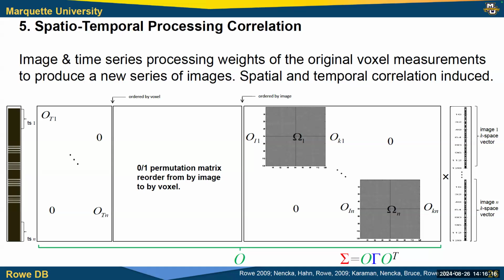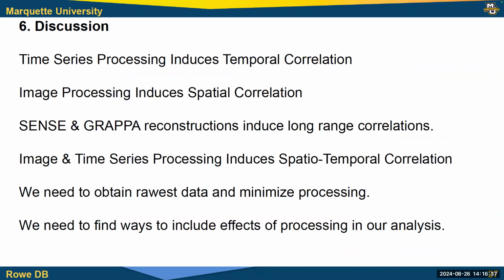We can concatenate these vectors for many different k-spaces of images and do this enormous same process to do k-space and image reconstruction and time series processing to get these image time series, and we can do much, much, much more.